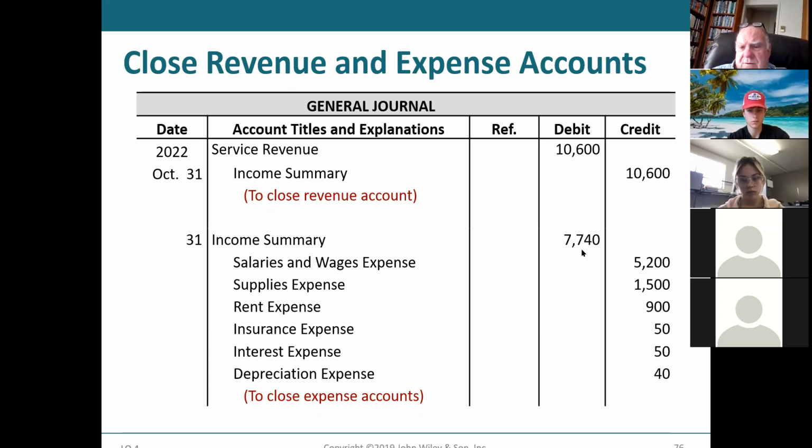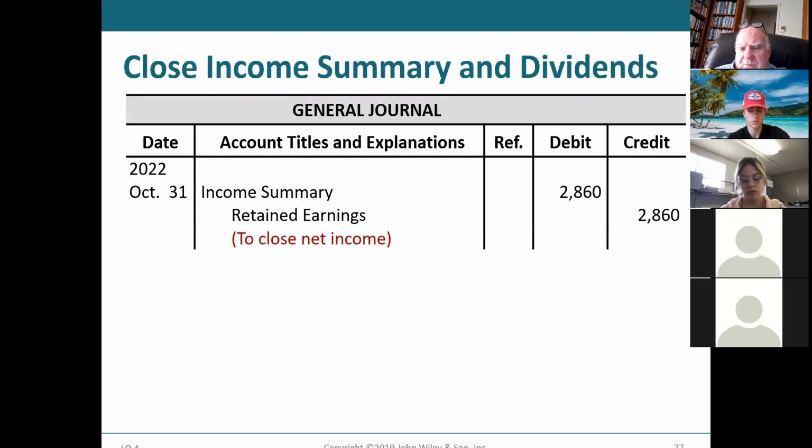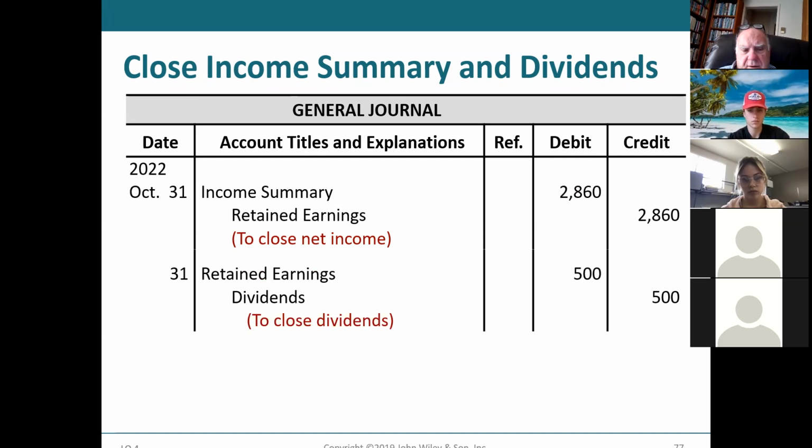The difference between the two is our net income. We're closing out the net income now to retained earnings. That's all there is to it, really. And the dividends serve to reduce retained earnings with a debit. Okay.